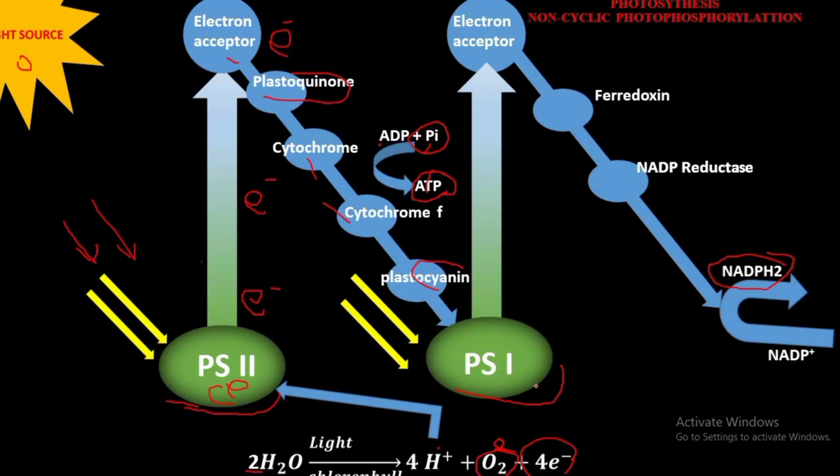These electrons then move to another electron acceptor, the second electron acceptor.